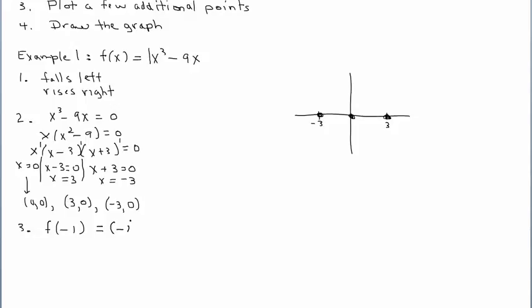So negative 1 cubed minus 9 times negative 1, the result would be -1 plus 9. The sum is 8. So what that tells us is that this is the point -1, 8 that's on the graph.